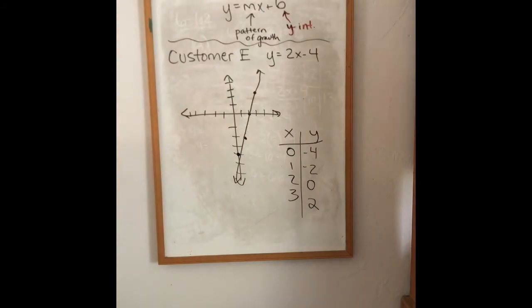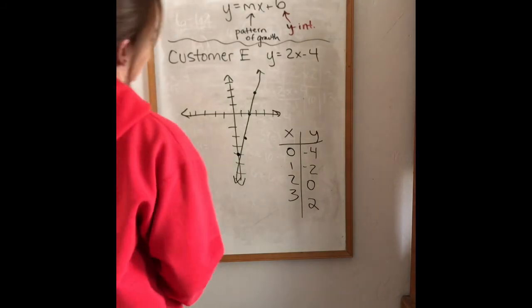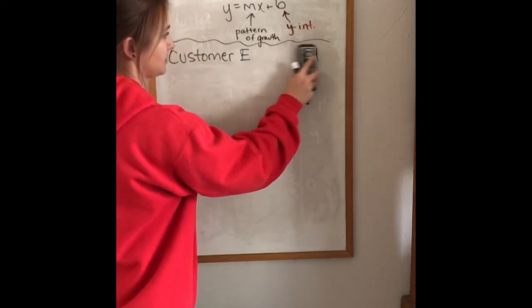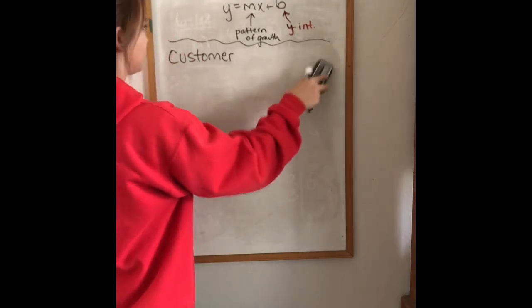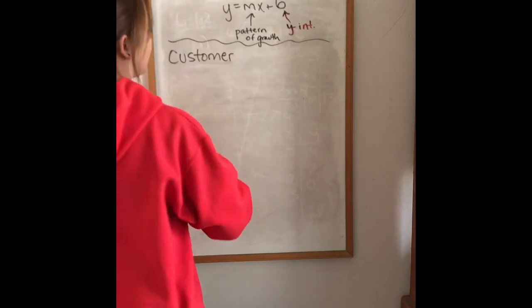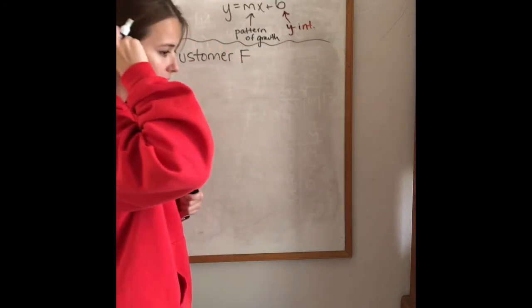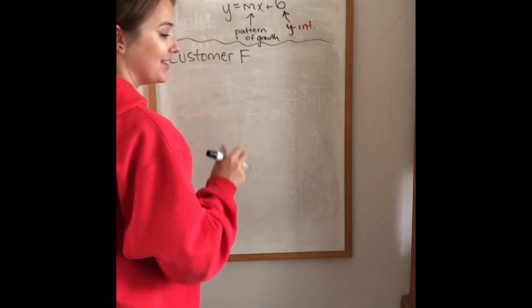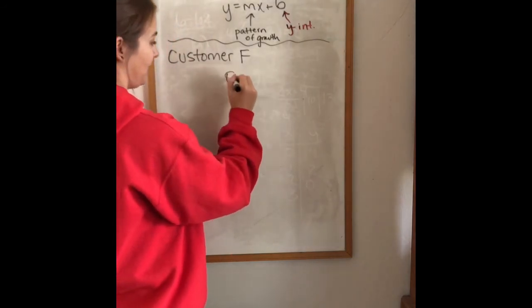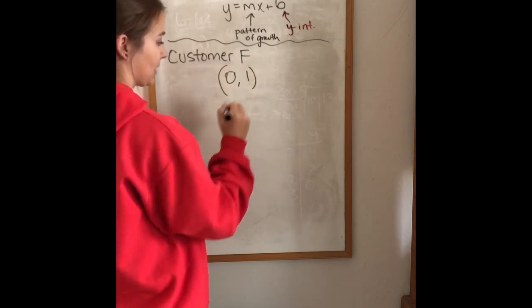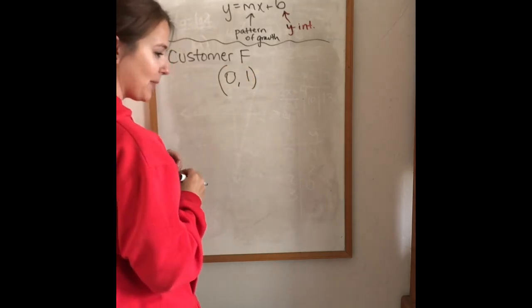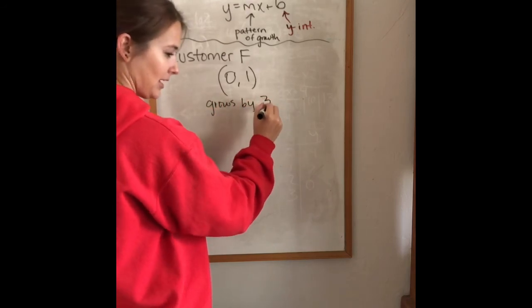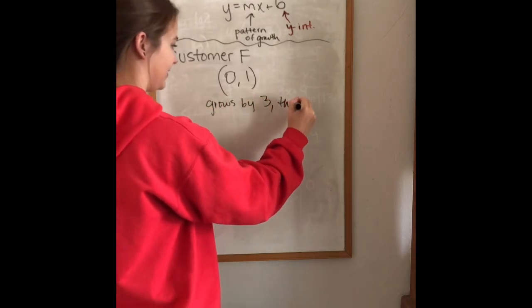And the last customer, customer F. Okay, customer F wants a line that starts at 0, 1, grows first by 3, and then by 5.